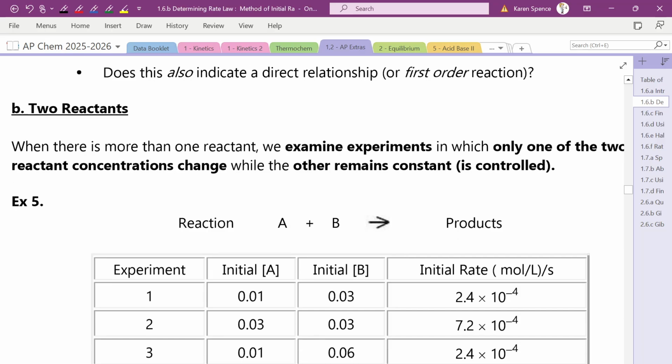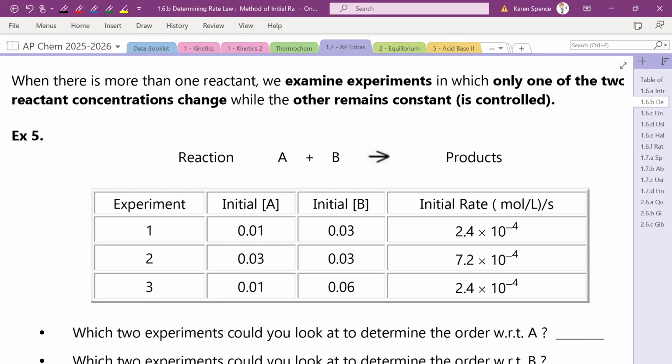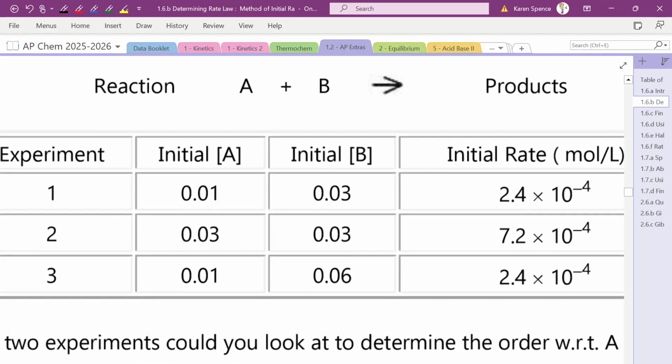What if we have 2 reactants? You have to look and say, I need experiments where I am only changing one thing at a time, okay? So if I am looking at experiments 1 and 2, what am I changing? I'm changing the concentration of A. And what am I doing with it?